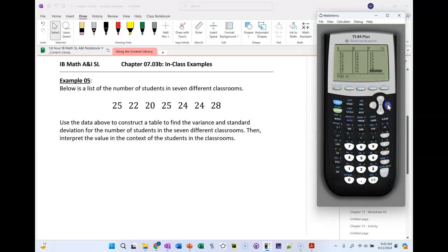So this is just kind of a hassle doing it this way, but it is what it is. So I've entered my data here into this list F. I'm going to need a list G. Oops. And I'm going to need another list. I guess that's I then. Oops. Let's use H. Okay.